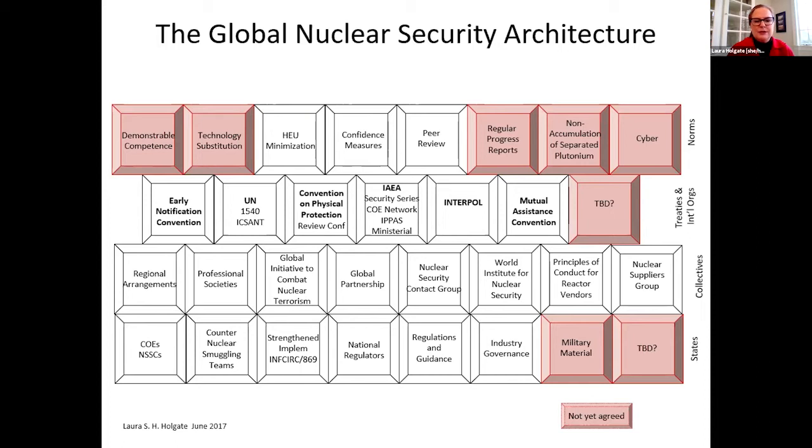One example is the Nuclear Suppliers Group. The Nuclear Suppliers Group has a non-binding commitment from its members, countries who export nuclear technologies, that security of those technologies and especially materials is a condition of supply.